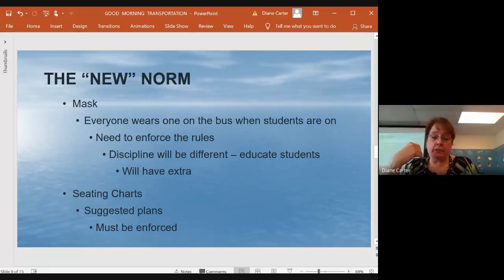Otherwise, the associate is not supposed to be moving around the bus while you're driving. That comes down from Secretary of State as far as what we do on our buses. Don't want to violate that rule unless we have to.